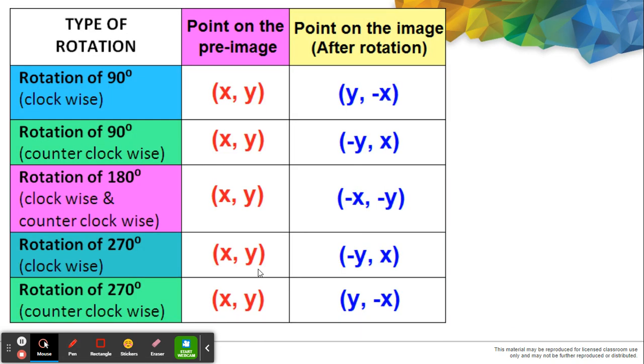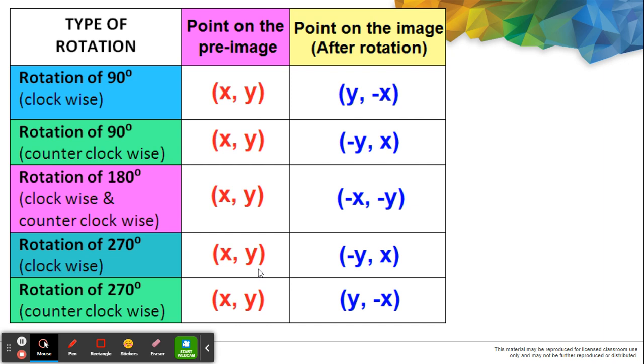To make our life easy about rotation, we have some rules that will guide us so that we can rotate our image immediately. As you can see, we have different types of rotation based on degrees and direction. We have 90 degrees clockwise and counterclockwise, 180 clockwise and counterclockwise, 270 degrees clockwise and counterclockwise as well.